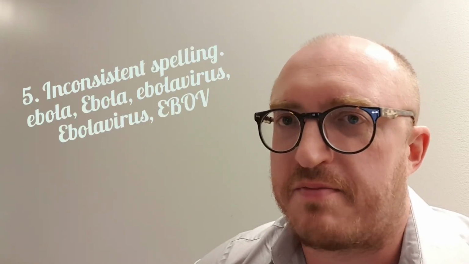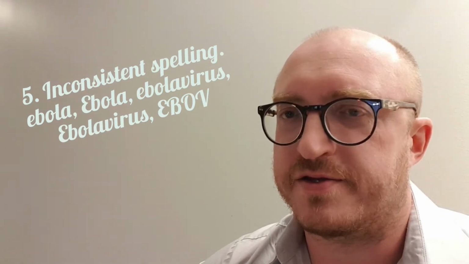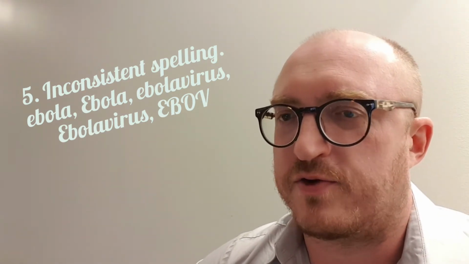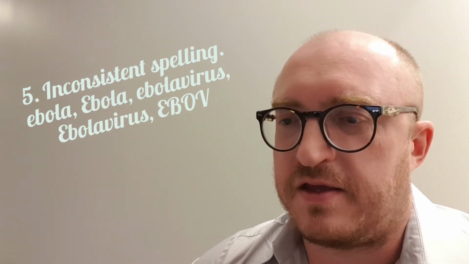Then the fifth group is different usage of a term. So for example, the thesis was about a specific virus, Ebola virus. So the spelling was sometimes with a capital E, sometimes all letters were not capitalized, sometimes there were two words together, Ebola virus instead of Ebola.